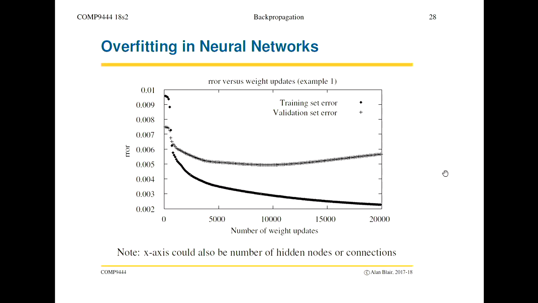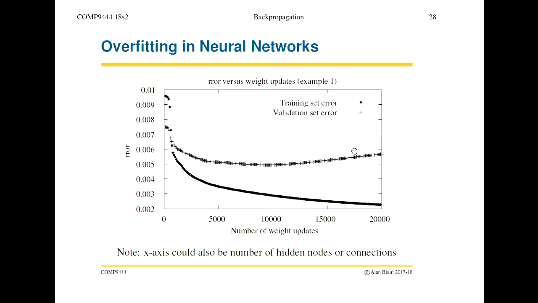So in some situations it does work to limit the number of training epochs or the number of weight updates. The idea is to try to stop at the point where the test error is minimized, right? If this were really the number of training cycles, we'd say, okay, from looking at this graph, 10,000 training cycles is the optimum.